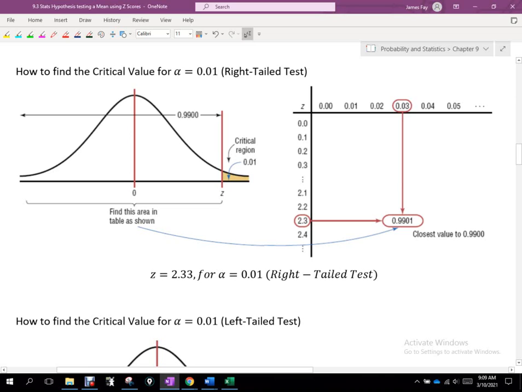If it's over here or over here, anywhere in the white, then we would fail to reject our null hypothesis. So that's a right-tailed test. Again, I'm just trying to give you the overall understanding of what's going on. As we see some examples, we will eventually do all of these steps with specifics.